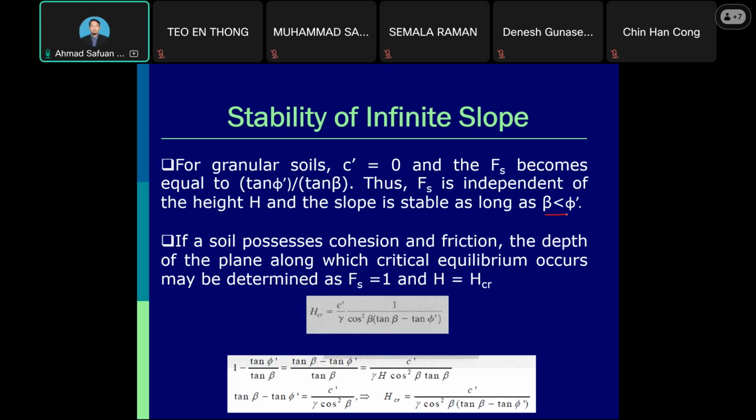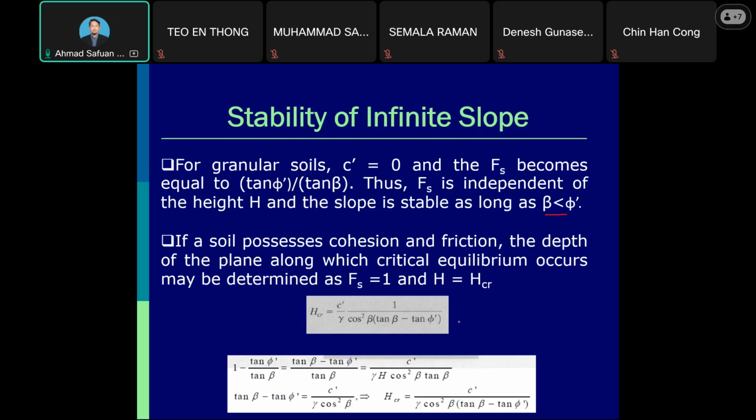So if a soil possesses cohesion and friction, the depth of the plane along which critical equilibrium occurs may be determined when the factor of safety is equal to 1. In that case, the height of the slope is considered as the critical height.